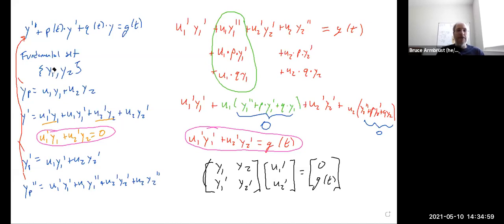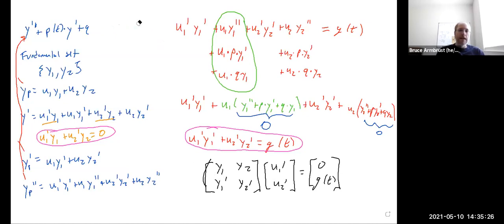But if I know my fundamental set, good enough. So it's actually a very robust method. It works for just about anything. However, you can imagine that the integrals here get kind of gnarly, just depending on what they look like.